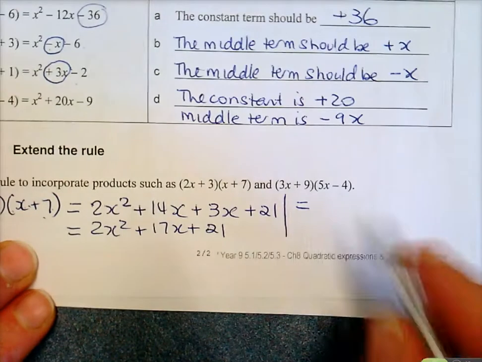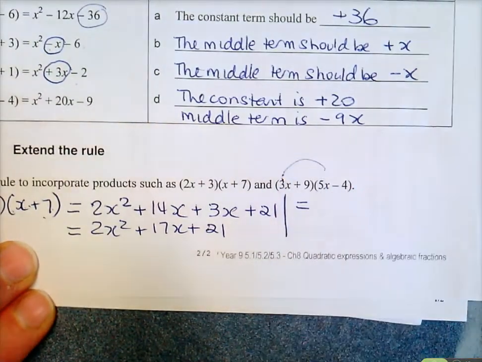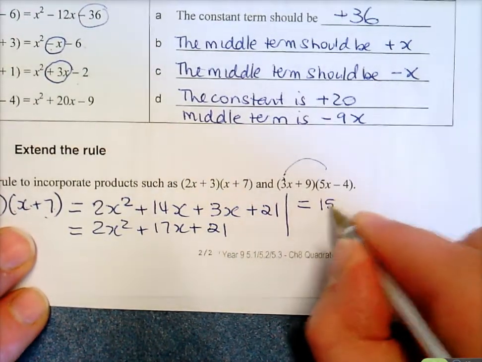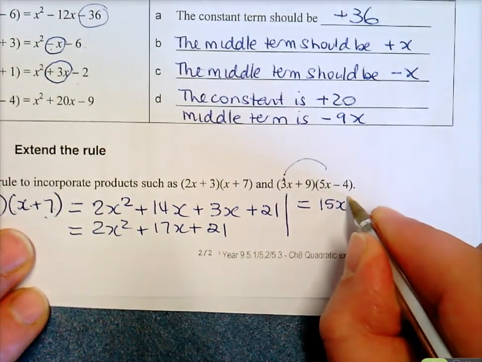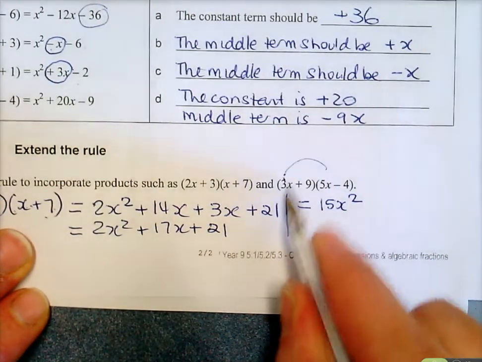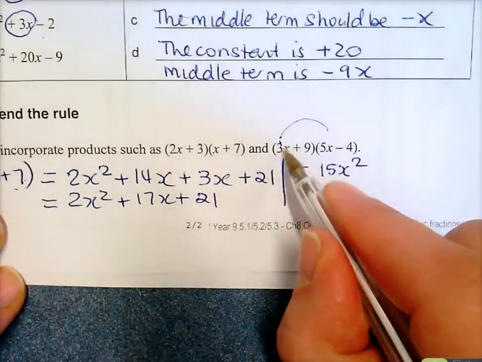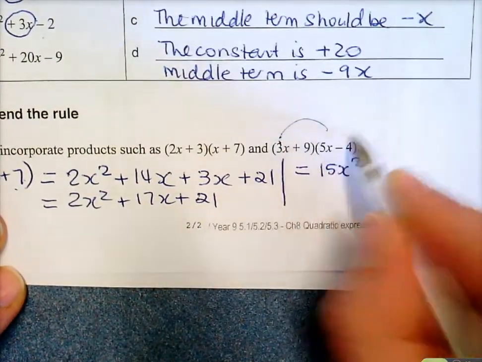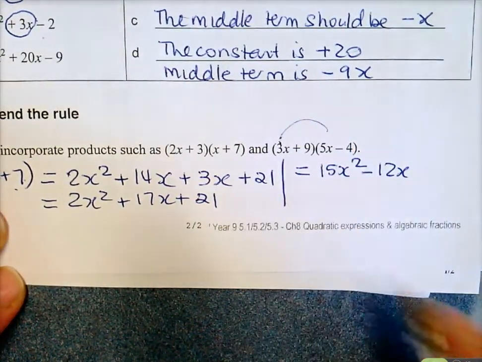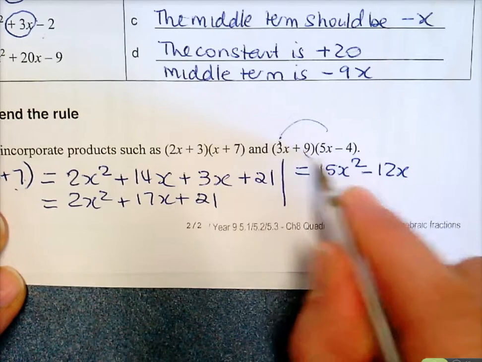You can do the other one there. What do you got? What's 3x times 5x? 15x squared. So girls, we're multiplying this next one. What have we got? 3x times 5x, 15x squared. Minus 12x, 3x times minus 4. What have I got next?